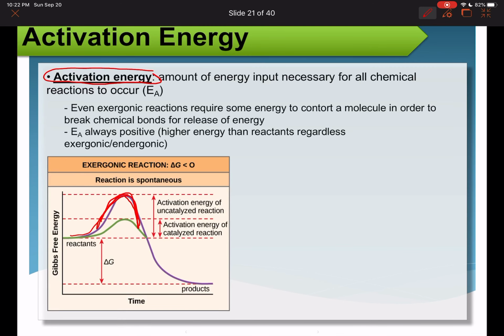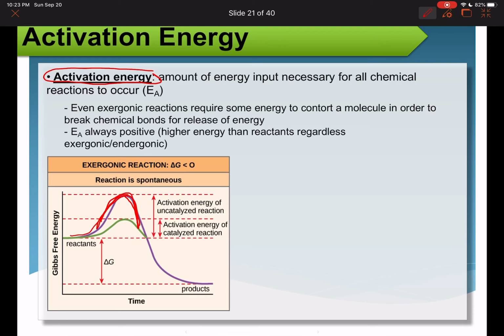Now, in the case of an exergonic reaction, even if no additional input of energy is required, some energy is still necessary, for example, the energy for molecules colliding into each other, to contort a molecule a certain way to go over this little hill before you can become a product.